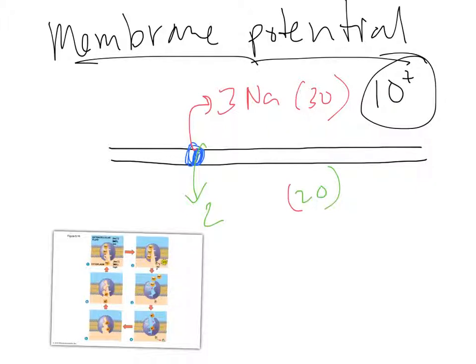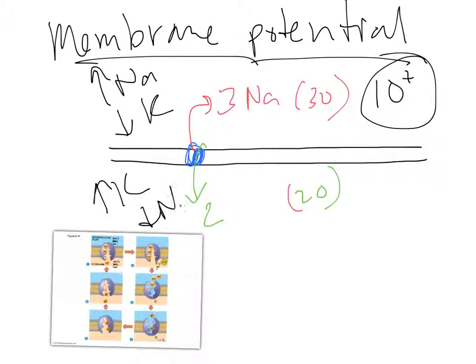High outside, high sodium, right? Low potassium. Inside, we have high potassium, low sodium. So there's a concentration gradient for those chemicals. But associated with that as well is the charges. There are more positive ions on the outside than there are on the inside, based upon the movement of sodium and potassium, the unequal transport that's occurring.